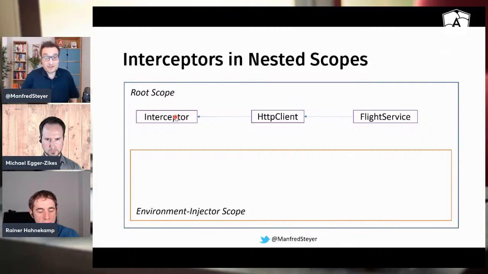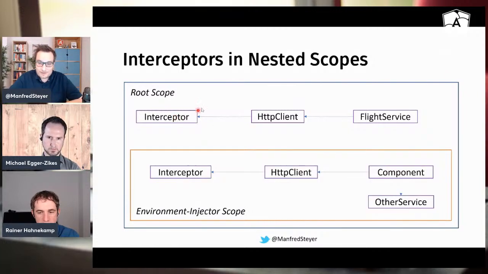This lazy part gets an injector of its own. Officially, this is called the environment injector now. It was the module injector before, but now as we don't have any modules anymore, it's the environment injector. And in here, we also could register an interceptor with the HTTP client. And if a component in there is using the HTTP client, it's also triggering this interceptor.